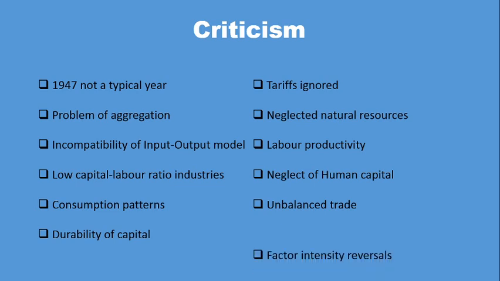Next point is factor intensity reversals. Leontief's results point to the presence of factor intensity reversals, where a capital abundant country will export its labor intensive goods. Leontief is also criticized for taking only one country in this study.